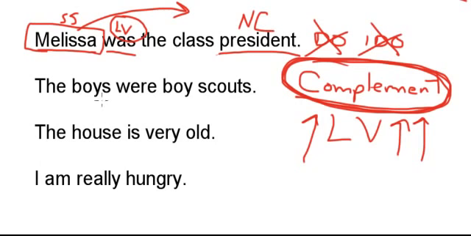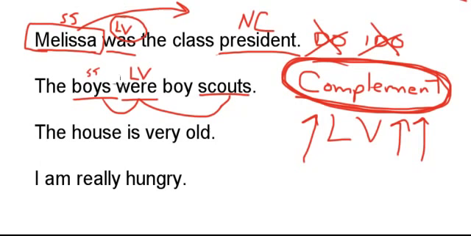Let's look at this sentence. Boys is our subject. Linking verb. The boys were scouts. It tells us what the boys were. Boys and scouts are the same thing, just like Melissa and president are the same thing.